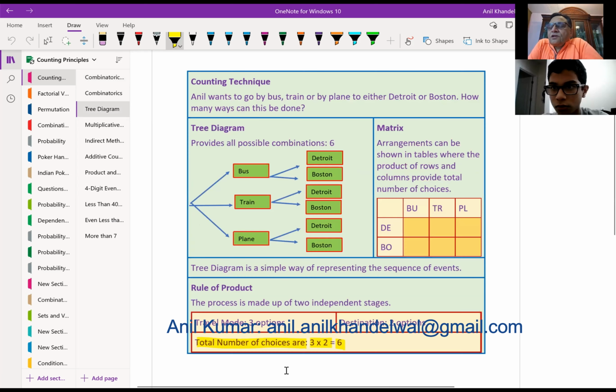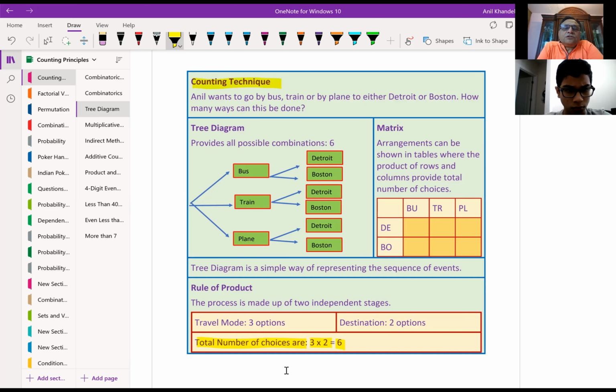So, one of the counting principles, which we saw last time also, is a tree diagram. Here are a few counting techniques which we will always come across. So let's take up an example. Anil wants to go by bus, train, or by plane to either Detroit or Boston.